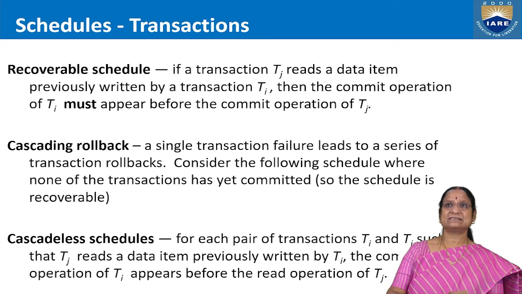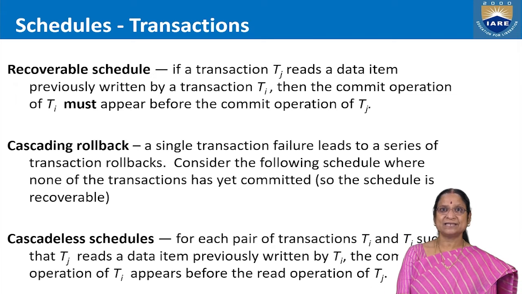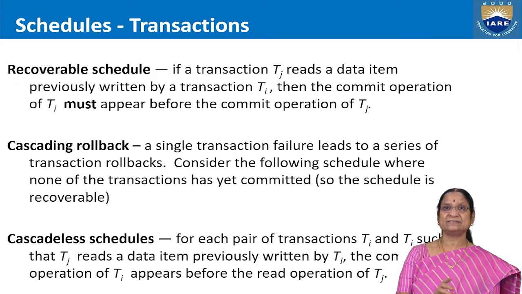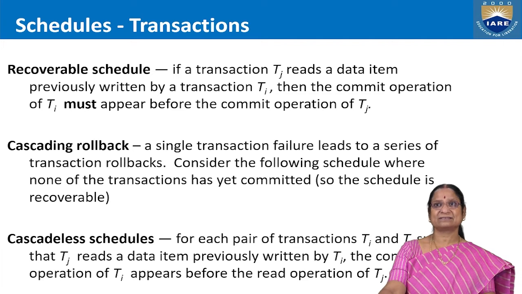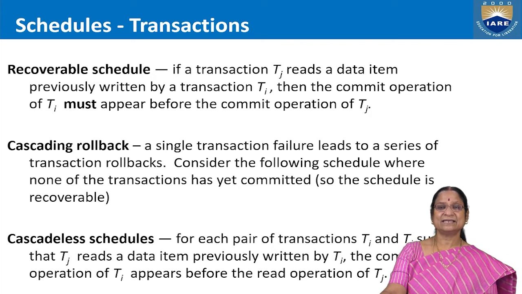Cascading rollbacks means when a single transaction fails, depending upon that, a series of transactions have to be rolled back. A single transaction failure leads to a series of transactions being rolled back; we call it a cascading rollback.